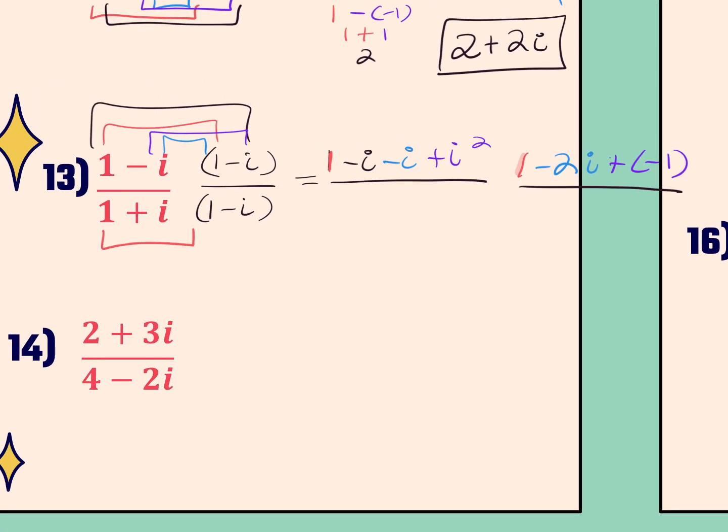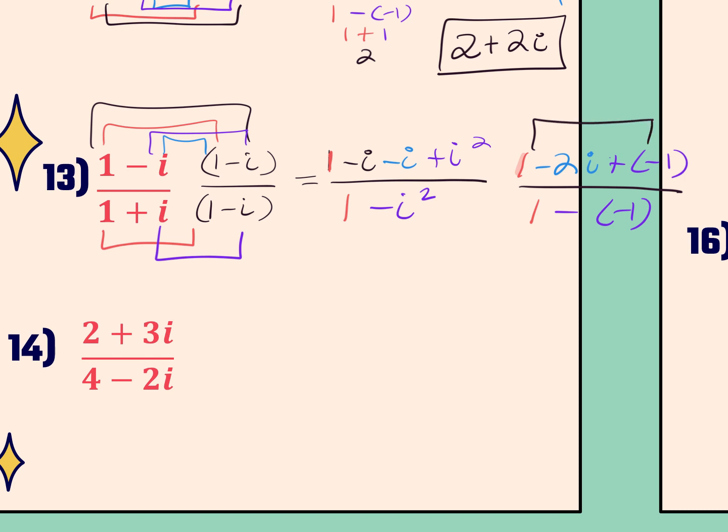Let me go ahead and do the bottom. I'm running out of room here. So then for the bottom, if I do first, 1 times 1, and then if I just do last, it's negative I squared. So this becomes 1 minus negative 1. So now I end up with, in the numerator, this 1 plus negative 1 is gone.